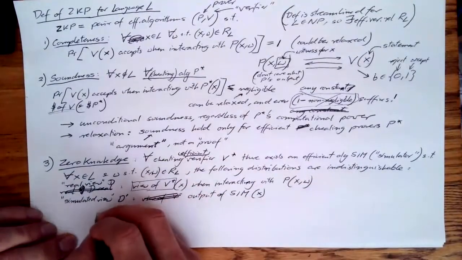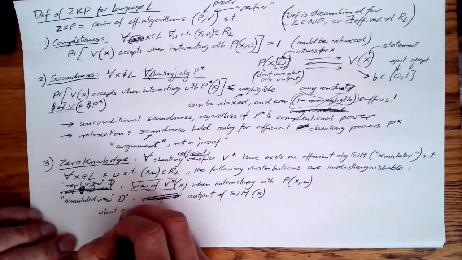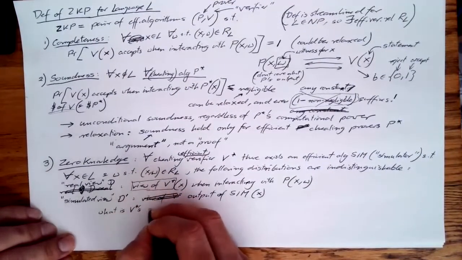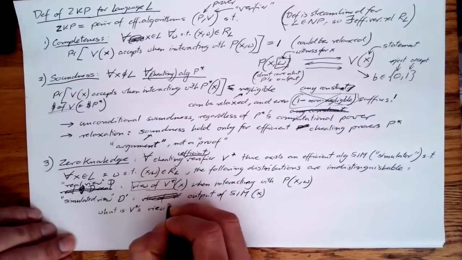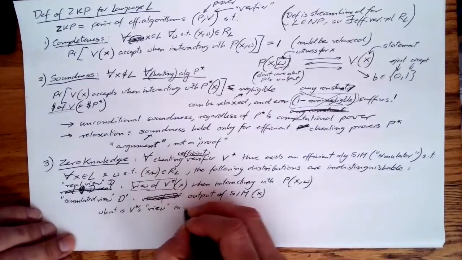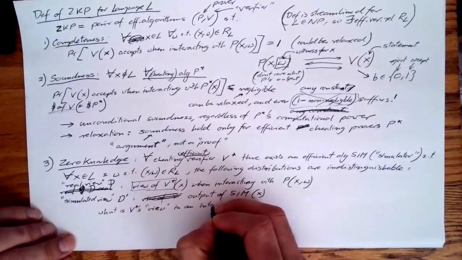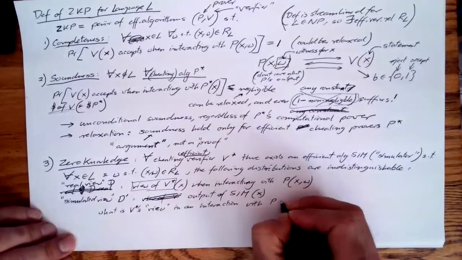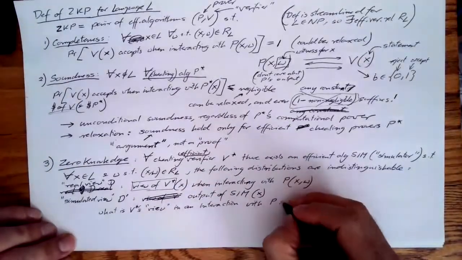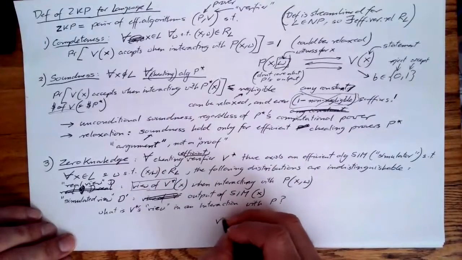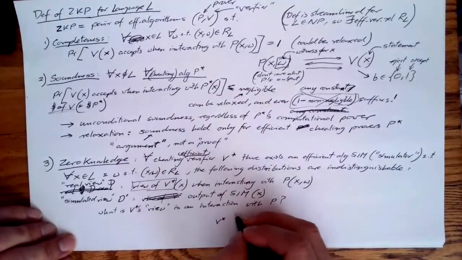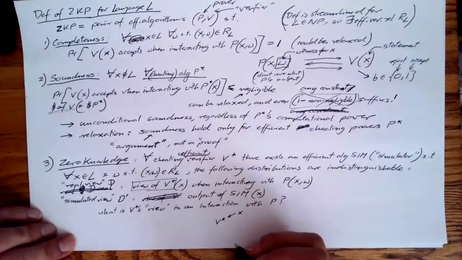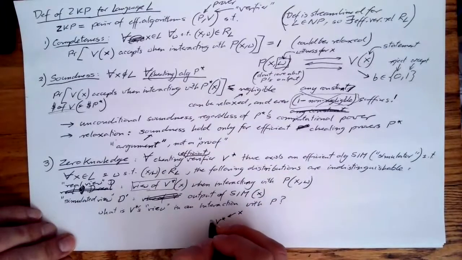Okay, so what is V star's view in an interaction with P? So here is this algorithm V star, and it has an input X, and it generates some messages.